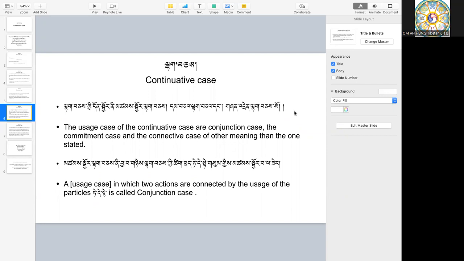The usage cases of the continuative particle are the conjunction case, the commitment case, and the connective case of other meaning than the one stated. So there are three usage cases here. The first is the conjunction case, the second is the commitment case, and the third is the connective case of other meaning than the one stated.